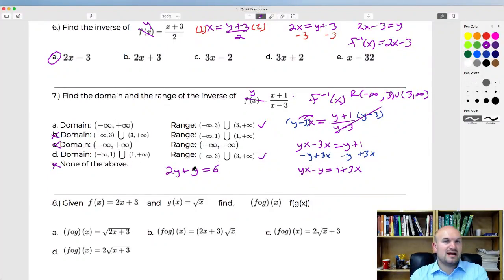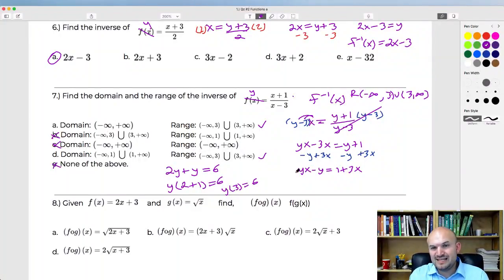In pre-algebra and algebra, we would just combine like terms, because 2y plus y is 3y, and we could solve. But you could also look at this as factoring out a y, which leaves 2 plus 1 times y equals 6, which rewrites as 3 times y equals 6, where you can now divide by 3.